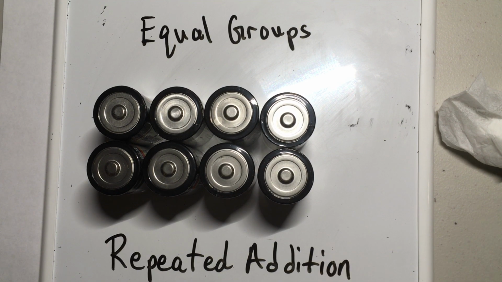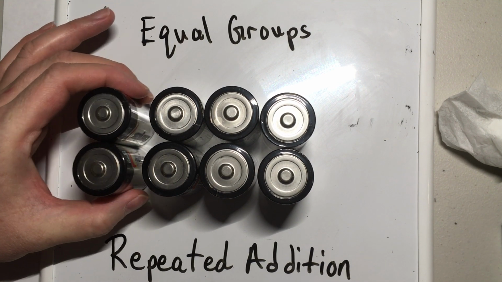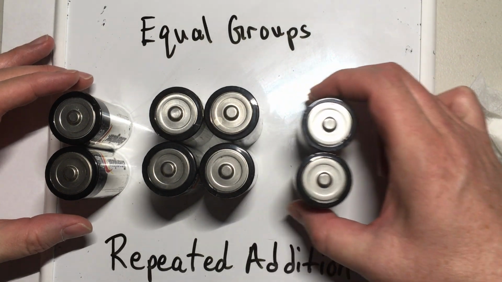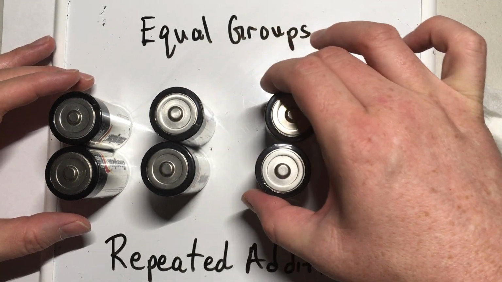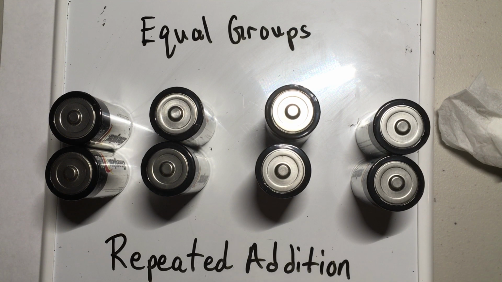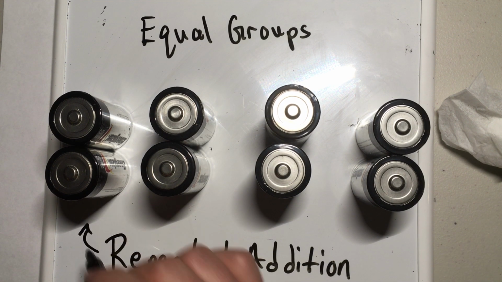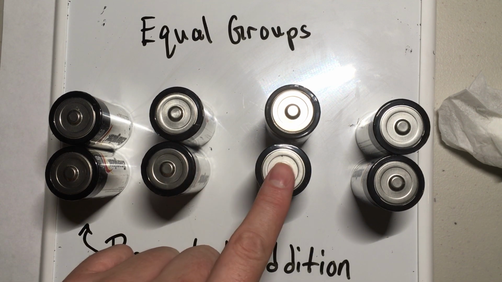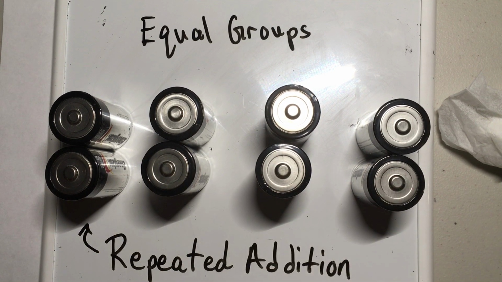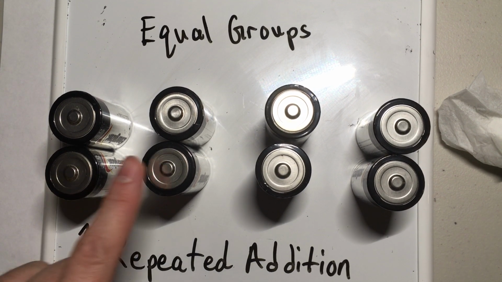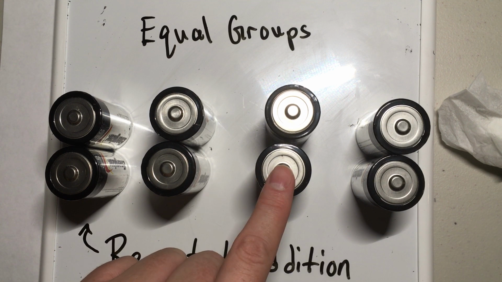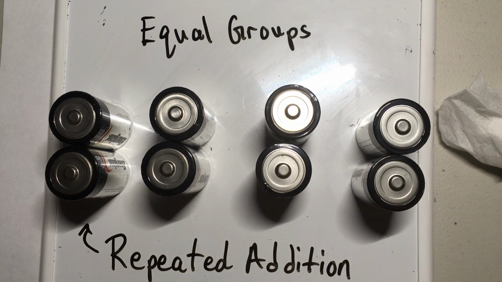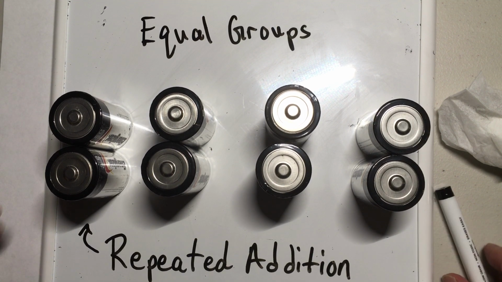Okay, so for this example, I'm going to break these into 4 equal groups of 2, like I had done earlier. Okay, so we're going to use this now. We're going to think about it differently, though. So we're going to say 2 plus 2 plus 2 plus 2 equals 8. You can also say 2 plus 2 equals 4, 4 plus 2 equals 6, 6 plus 2 equals 8. So that would be a way to do repeated addition.